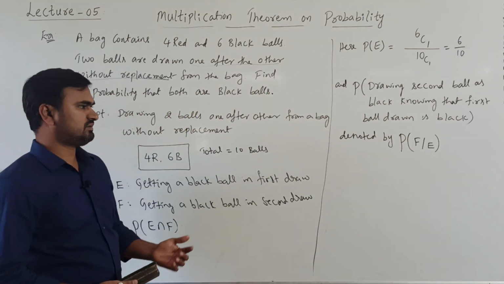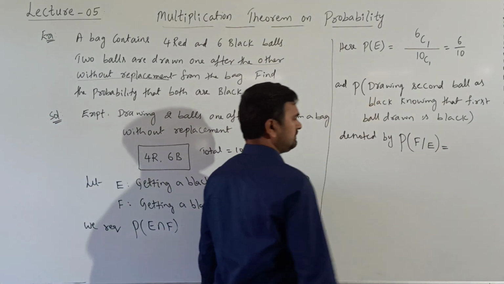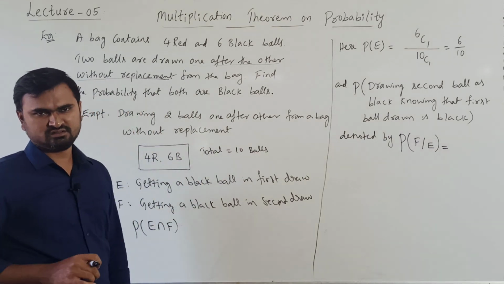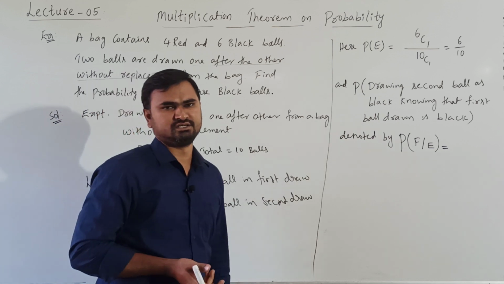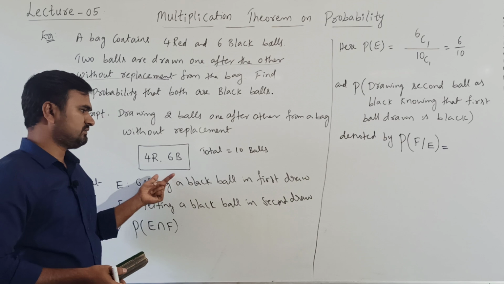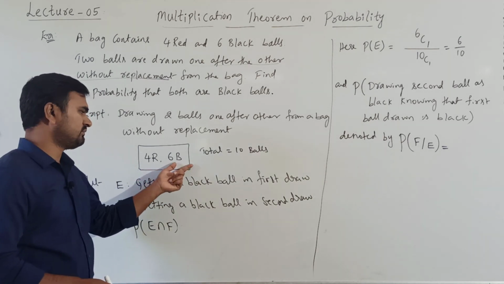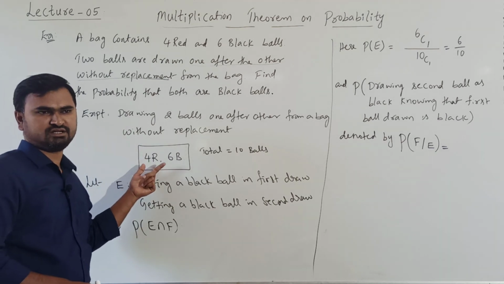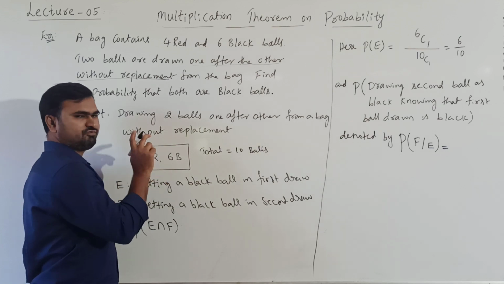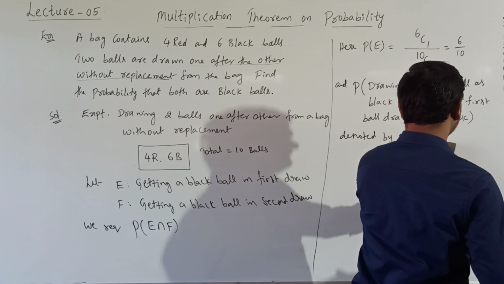So it is P of F given E. Now one ball is already drawn, and we are not replacing it. For the second draw, total 9 balls remain. In these 9 balls, only 5 are black.